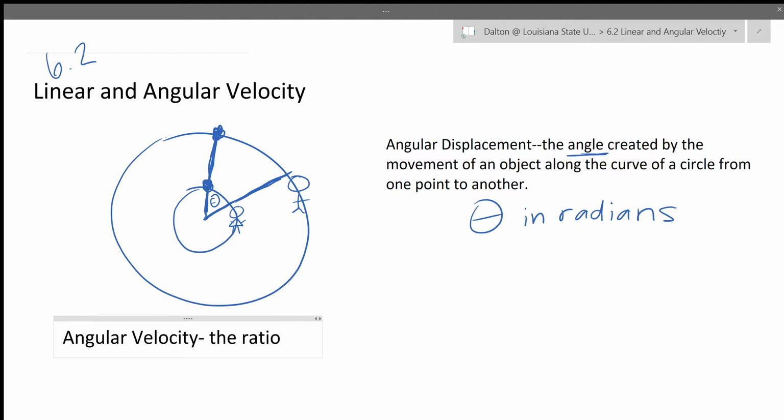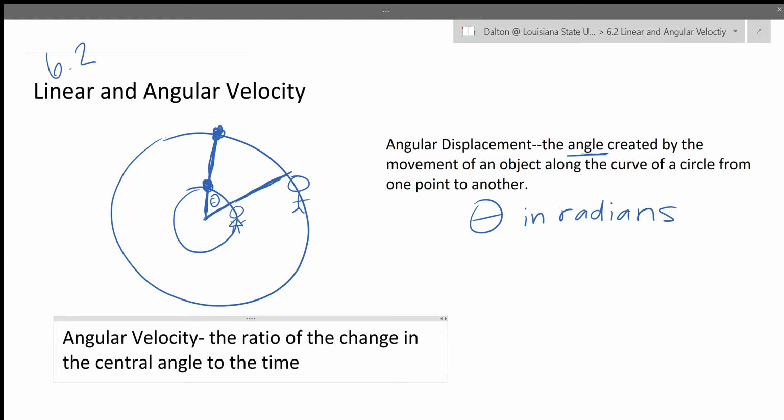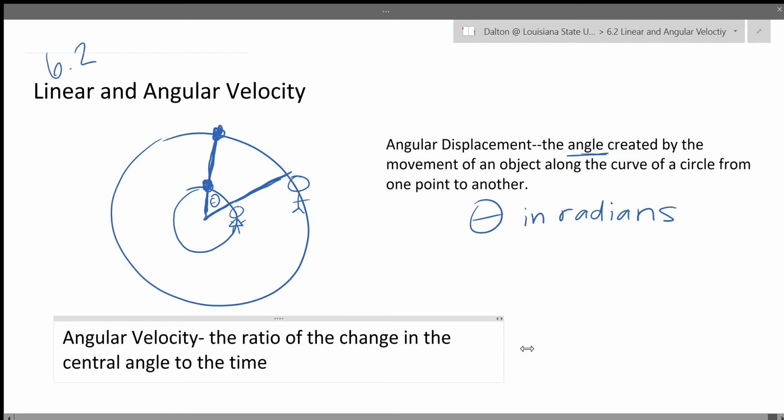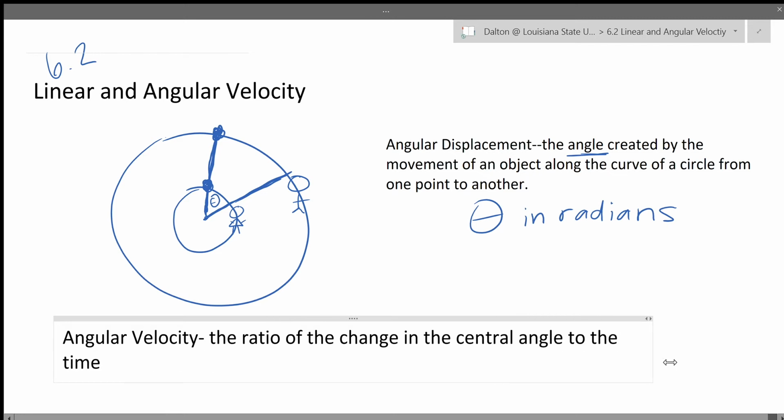The angular velocity is going to be considered the ratio of the change in the central angle to the time. Now, again, velocity, probably the one we're most familiar with is our speed of travel in a car, right? Miles per hour.